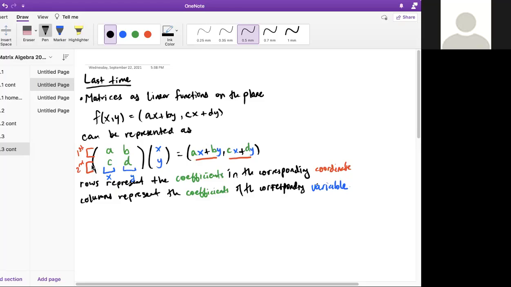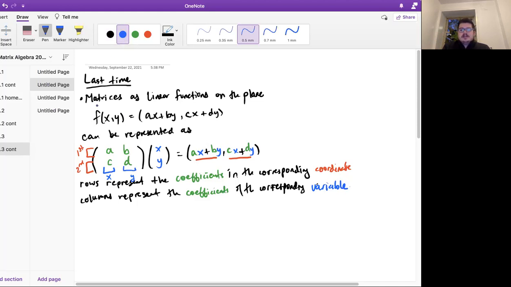Foster. All right, so last time we introduced matrices as linear functions. We can describe linear functions on the plane as matrices. This is a general linear function on the plane.